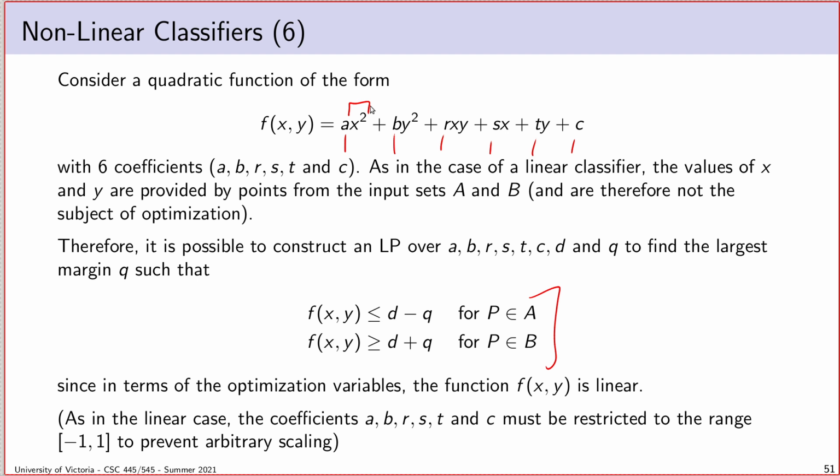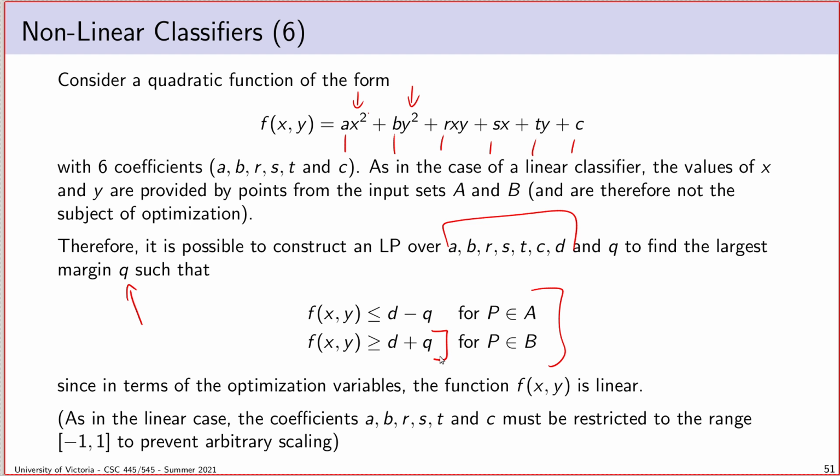So if I want to compute x squared, I could do that in advance. Just like before, where I was able to compute square roots as long as I did it as part of preprocessing. So I could construct a linear program to find the best coefficients and, of course, our margin Q such that these constraints are obeyed. All I have to do is take each point xy and compute x squared and y squared and encode them into the constraint system.